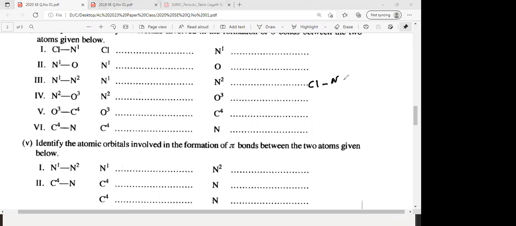Chlorine, nitrogen, oxygen, C, N, oxygen and C, N.